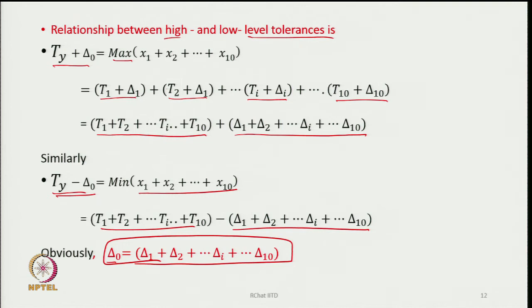That means the tolerance of T_y, which is this total thickness of the fabric, is going to be the sum total of tolerances of individual fabrics.